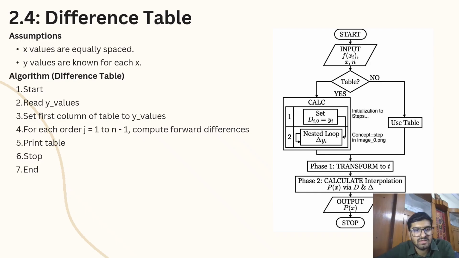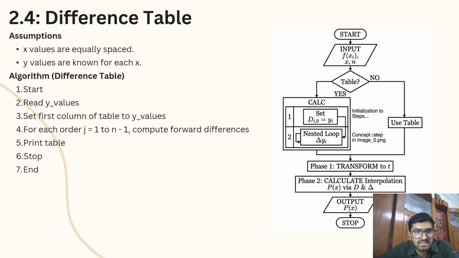The assumption here is that we are taking x values equally spaced and y values known for the values of x. Firstly we read the values of y, then set the first column of the table to y values.